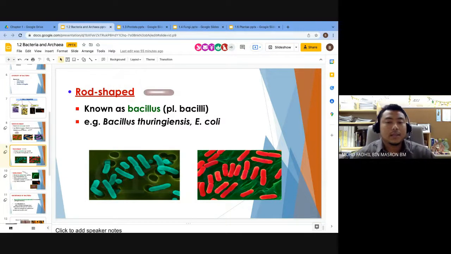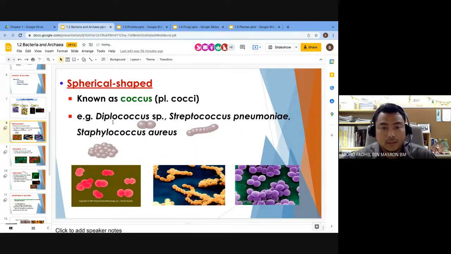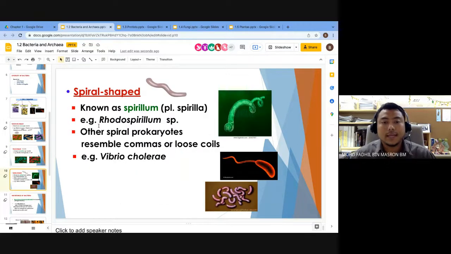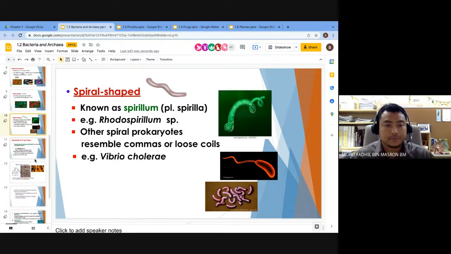Having said this, I'm going to highlight to you guys, not necessarily every microorganism needs to have this word Bacillus, coccus, or vibrio, spirillum in its name. Tak semestinya. Only some of them will have the name based on their shape. So next lagi adalah Rhodospirillum. So kita boleh dah tahulah dia adalah berbentuk spiral.